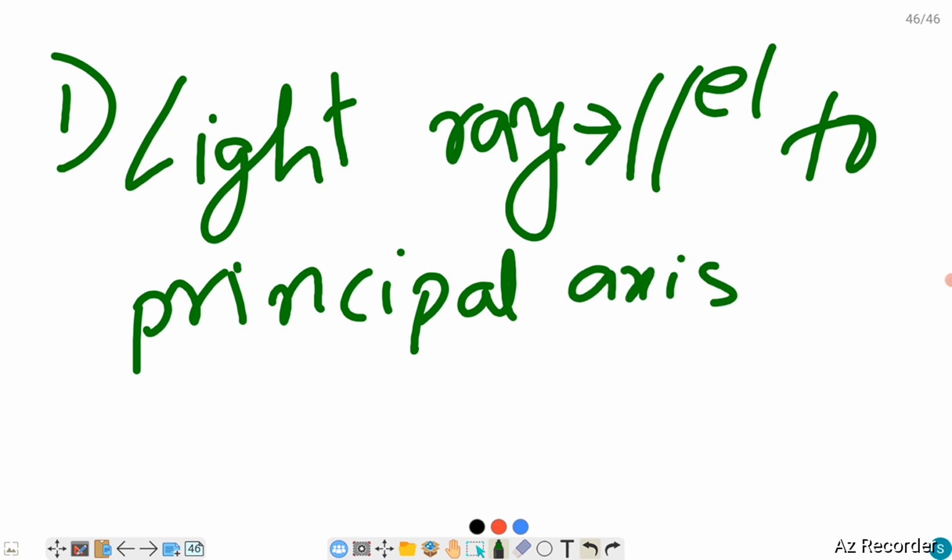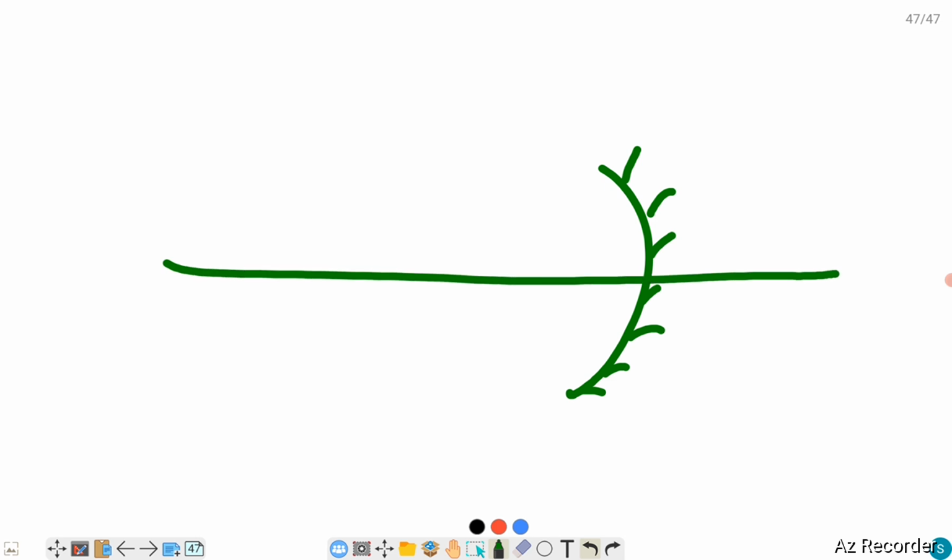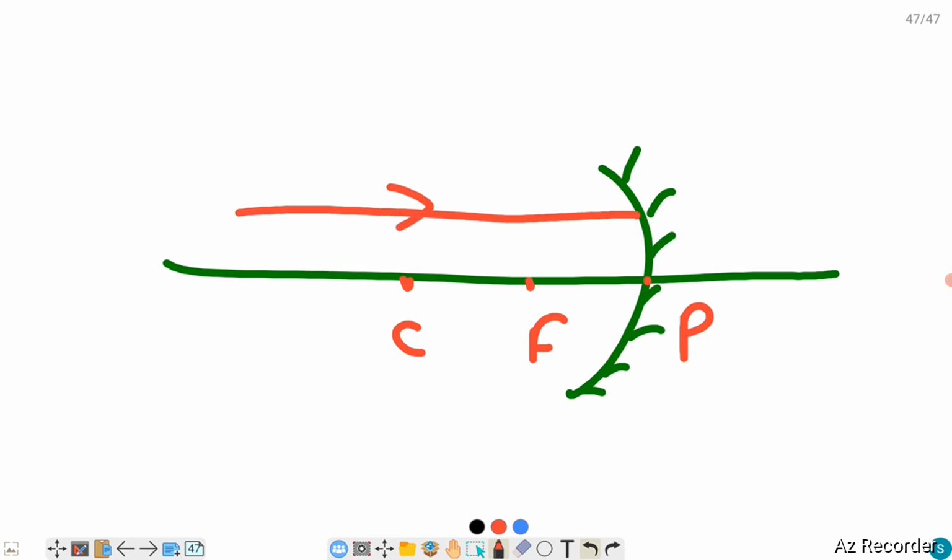Okay. What is the principal axis? You know now. So when you draw these, you have to take the mirror, its silvered surface, and then the points. What are the points? Pole, focus, and center. Okay. Then if you take one light ray, what happens?